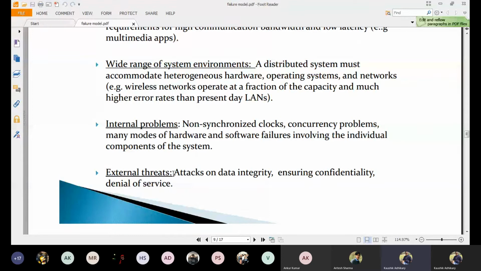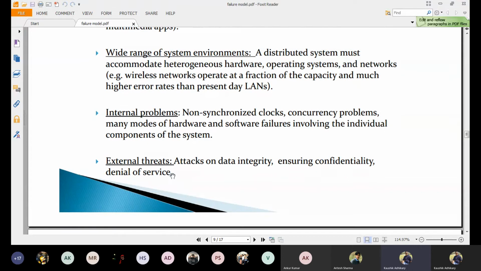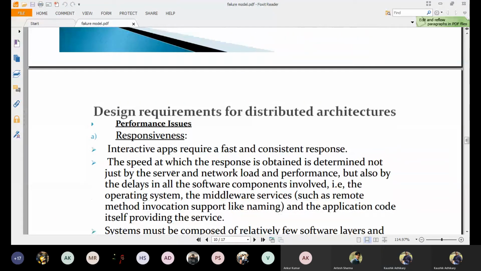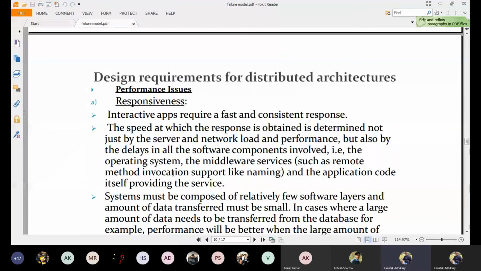Denial of service means I am requesting a service from the server and the server is not able to respond back to me. So those were some issues that designers of distributed computing systems have to face.